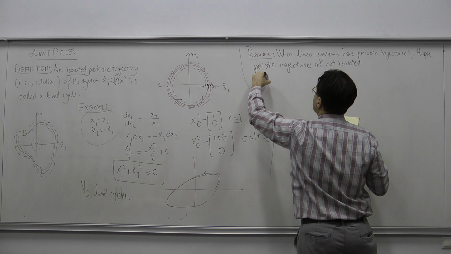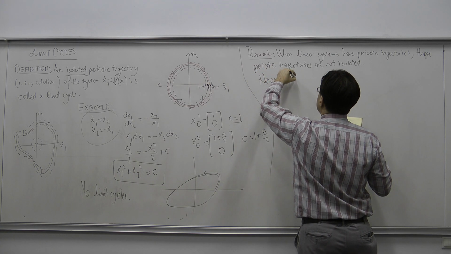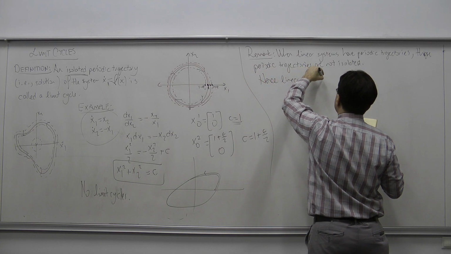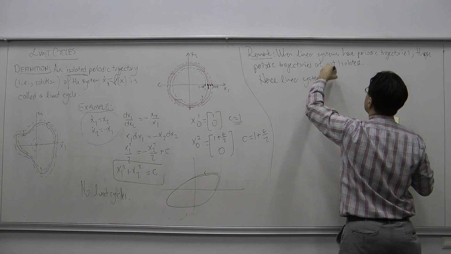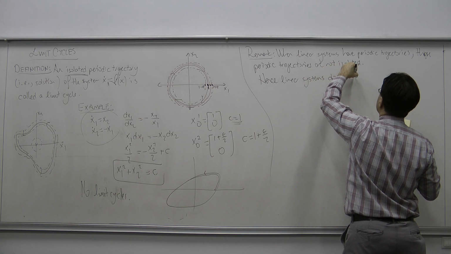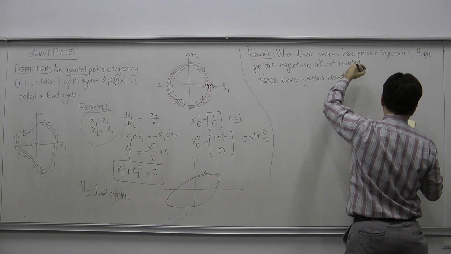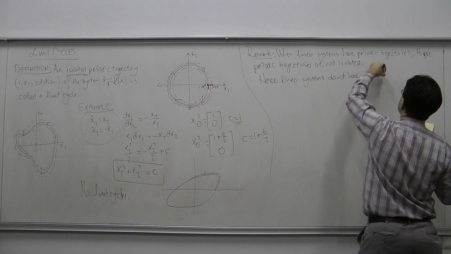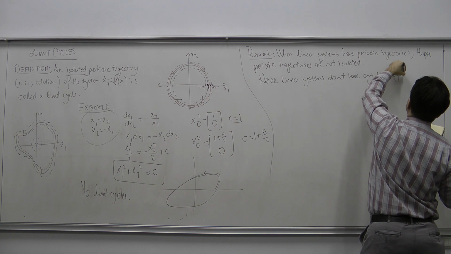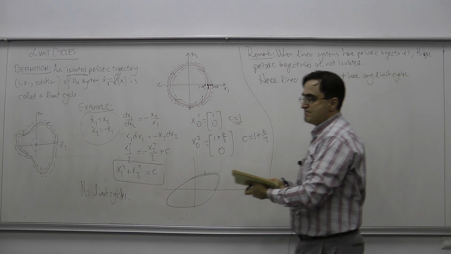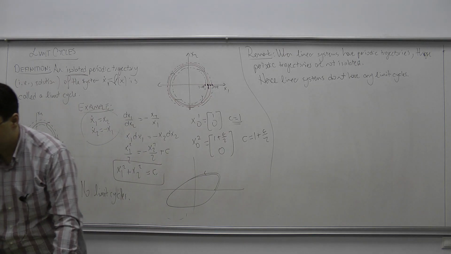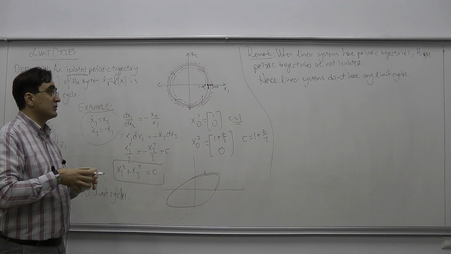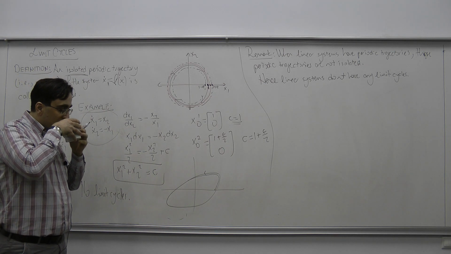Hence, linear systems do not have any limit cycles. Okay? We can only call isolated periodic trajectories limit cycles.